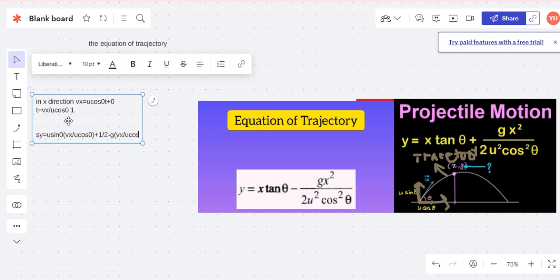After simplification and all these forms, I'm not going to do it, because it's difficult to write with this keyboard right now.